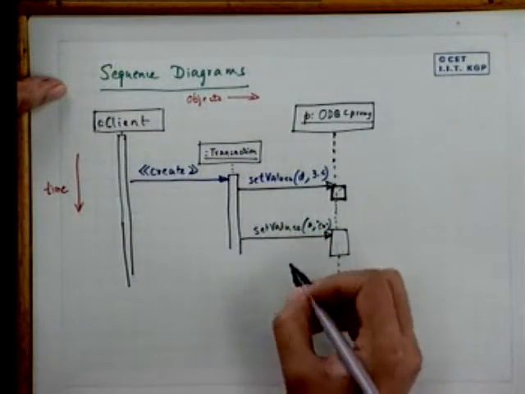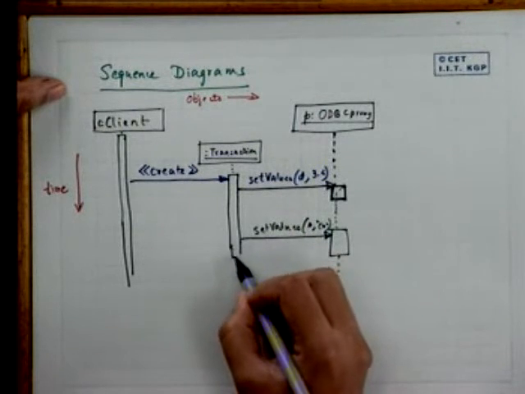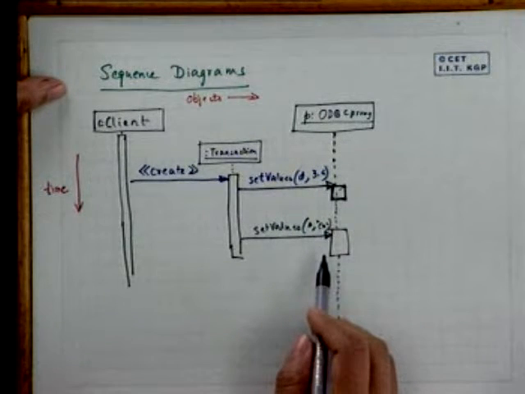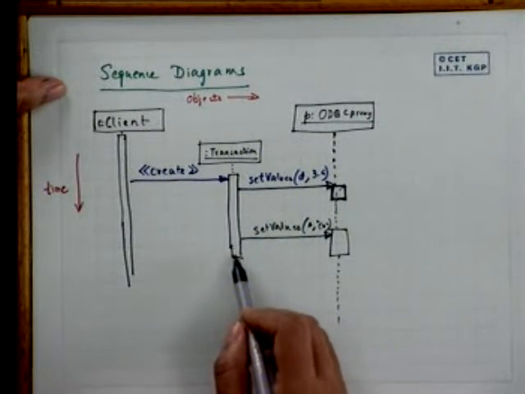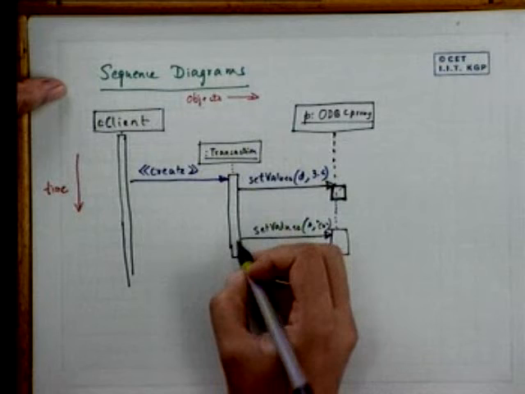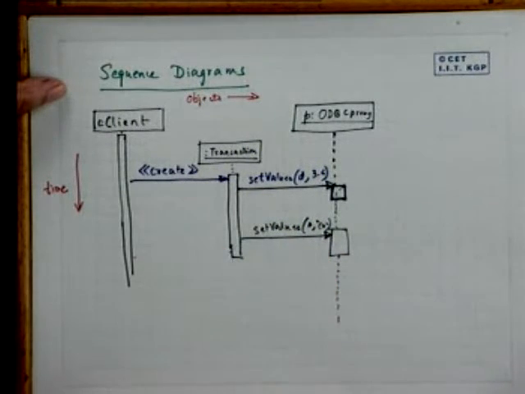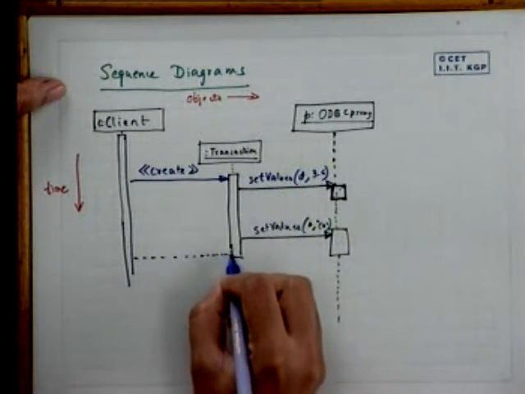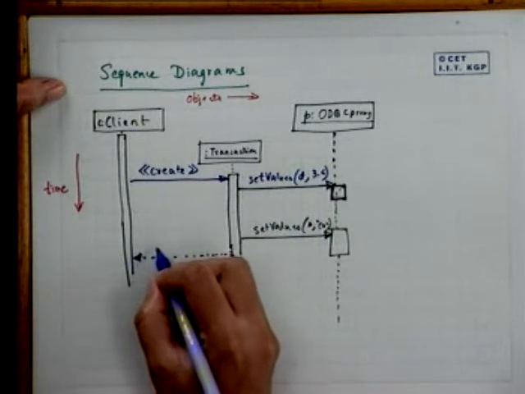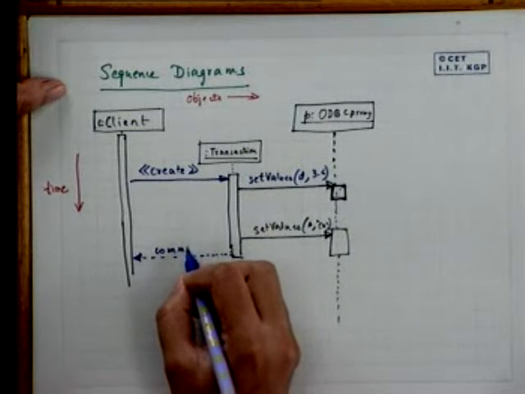So after this particular message has been sent, the transaction object has finished its function, and the transaction object sends a message to client saying that the object is committed.